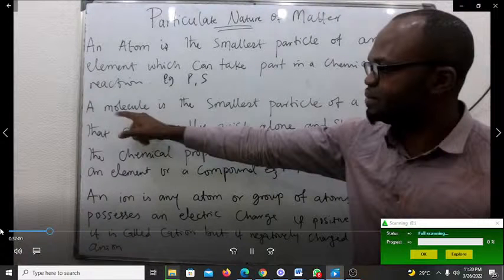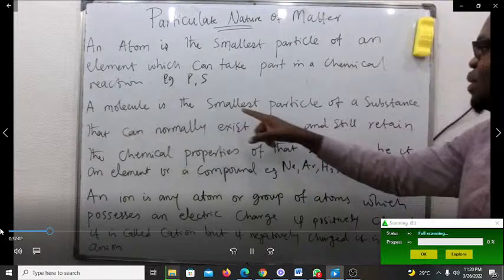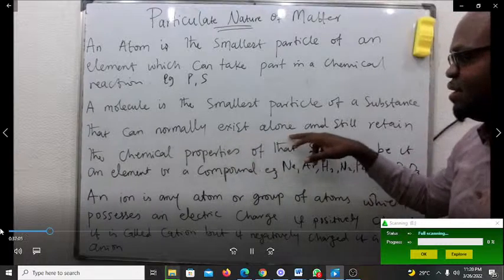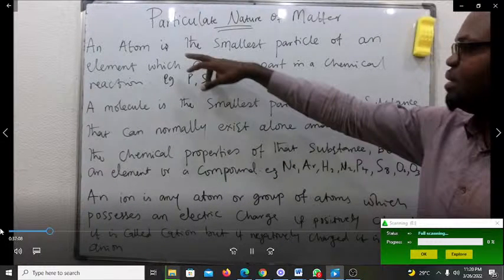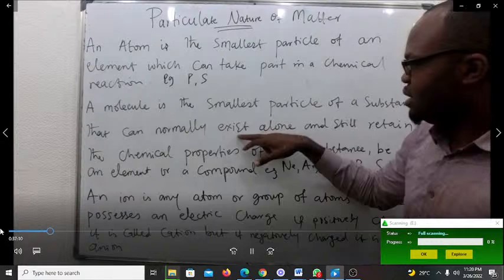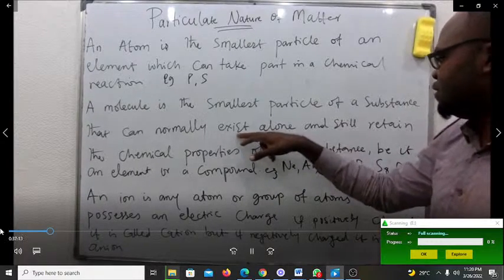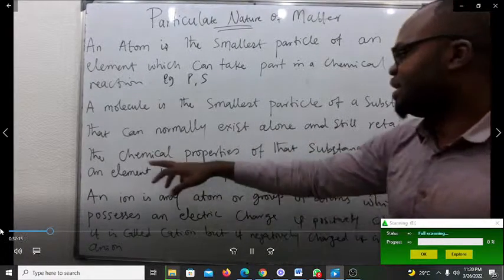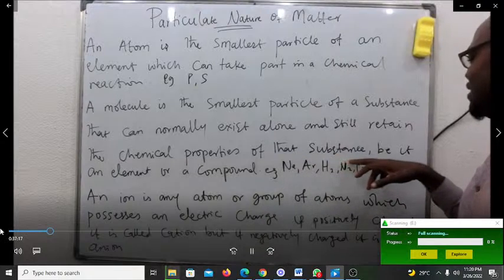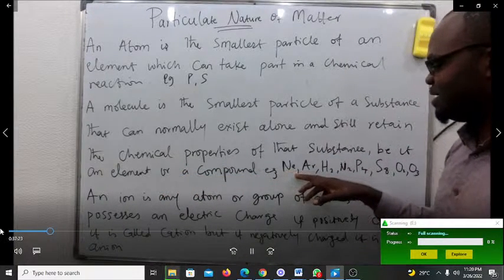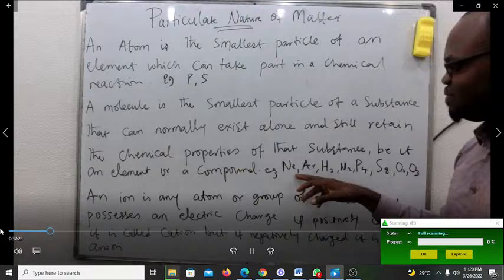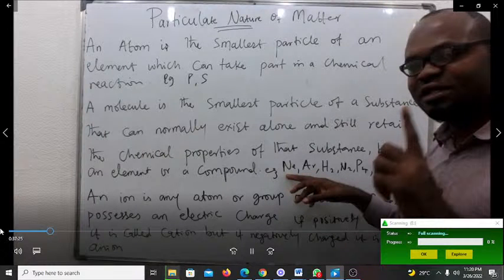So a molecule is the smallest particle of a substance that can normally exist alone. Very, very important. An atom might not be able to stay alone, but molecules are able to exist alone and still retain the chemical properties of that very substance, be it an element or a compound. Neon can stay alone with an atomicity of 1, just having 1 atom.